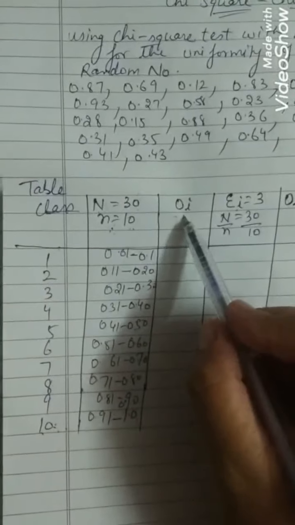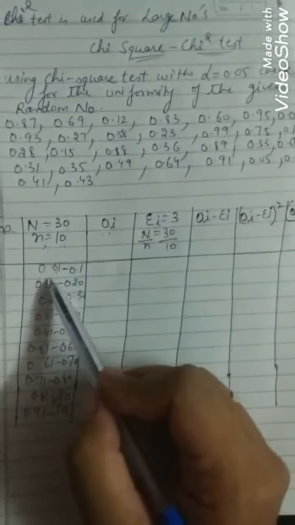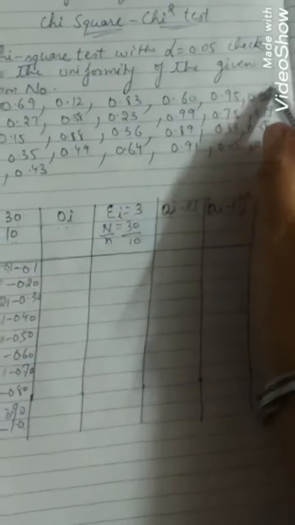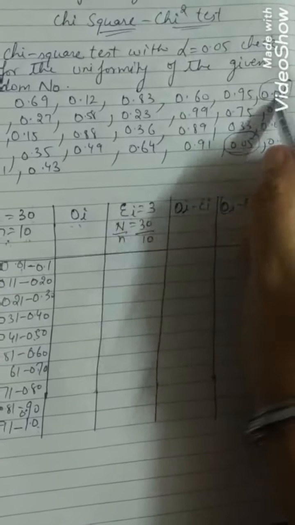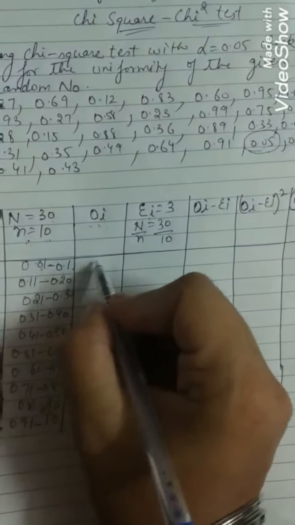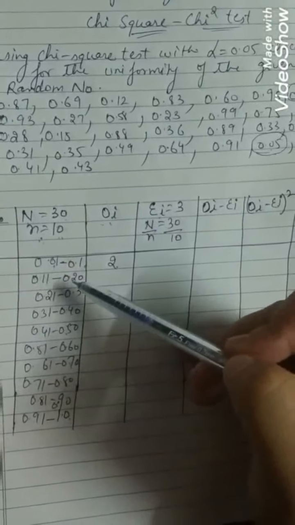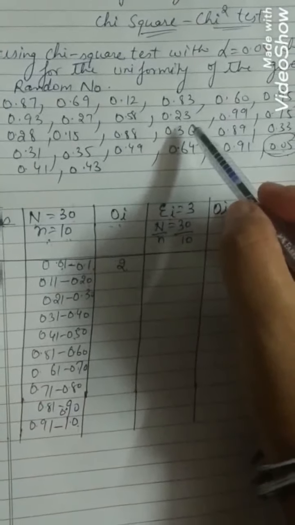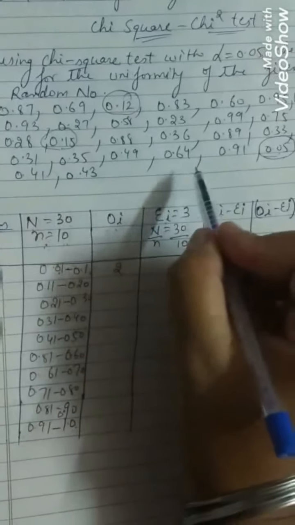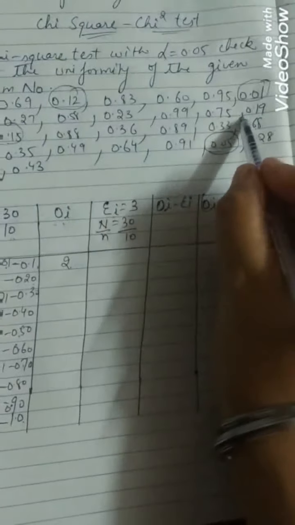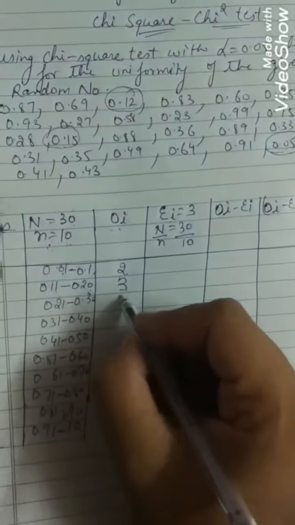For example, the numbers which lie under 0.01 to 0.10: first this number, and second this number, so two numbers are in the range of 0.01 to 0.10. Next, for 0.11 to 0.20, the numbers are 0.12, 0.15, and 0.19, so there are a total of 3 random numbers in that range.